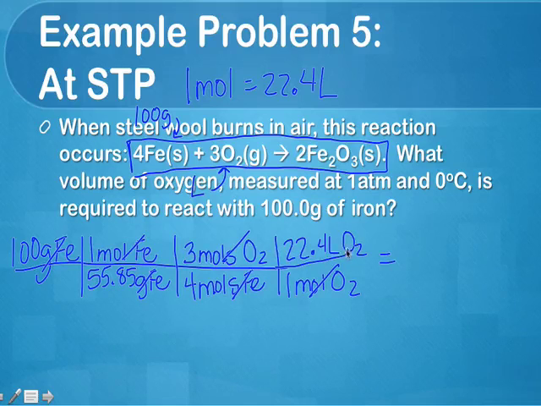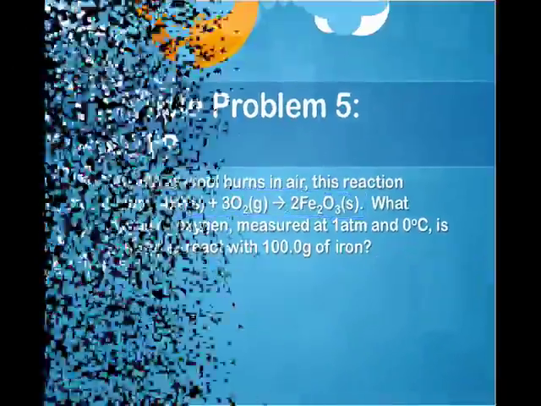Multiply everything on top, divide by everything on the bottom, and you get 30.1 liters of oxygen as your final answer. Not too bad. Very similar to what we've already done, just with this new conversion factor to use.